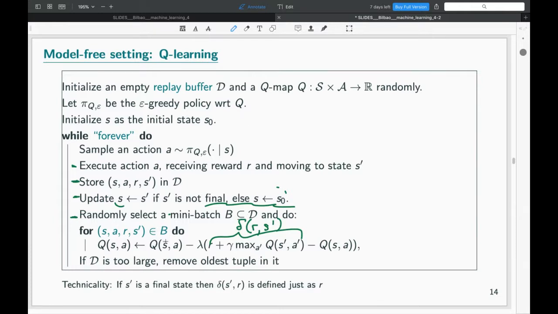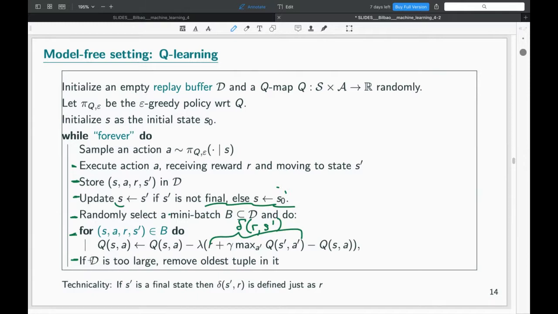And when you are done with this update, if your replay buffer has too many tuples, you remove the oldest ones. This way you make sure that tuples that come from very old Q values, which are no longer of good enough quality, are removed.